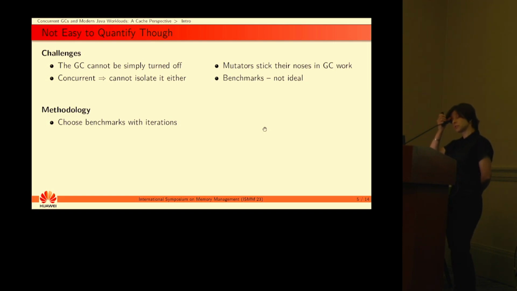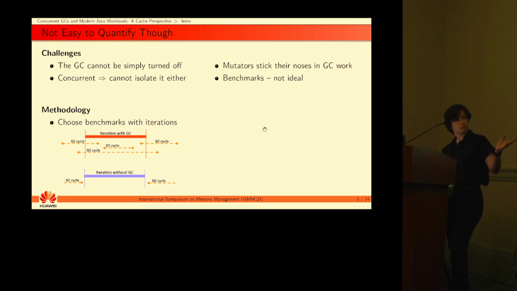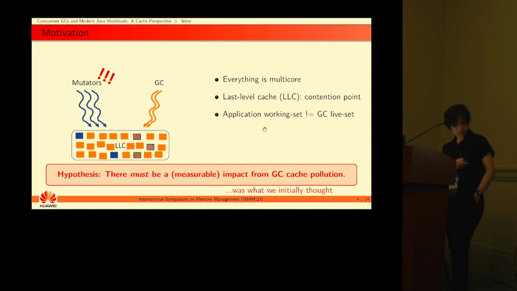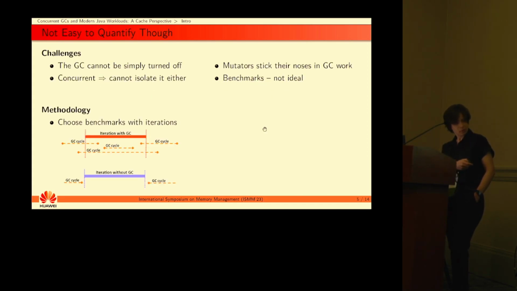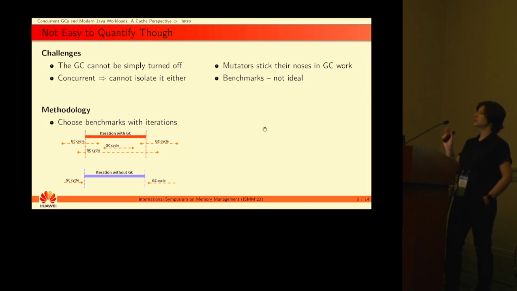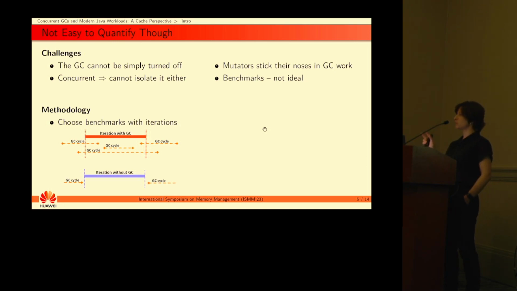We chose to evaluate on benchmarks that have iterations, which we split into two groups. We call iterations with GC any iteration that overlaps at least a little bit with a concurrent GC cycle, and iterations without GC, obviously, iterations that don't intersect with the garbage collector at all.